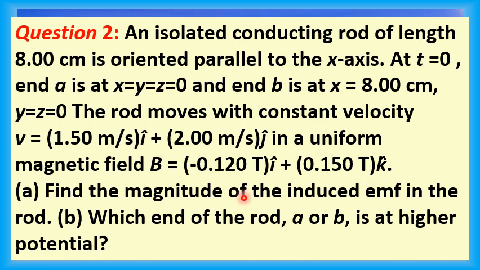Questions are, letter A, find the magnitude of the induced EMF in the rod, and letter B, which end of the rod, A or B, is at a higher potential.